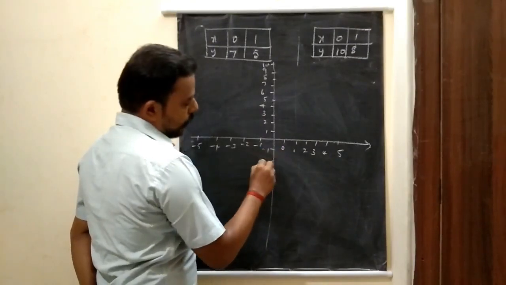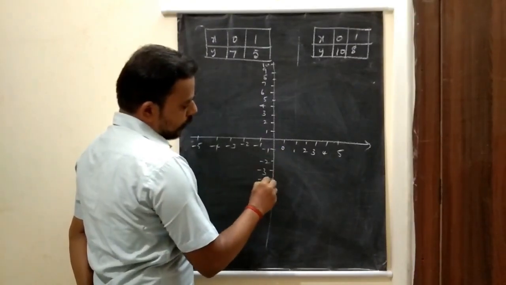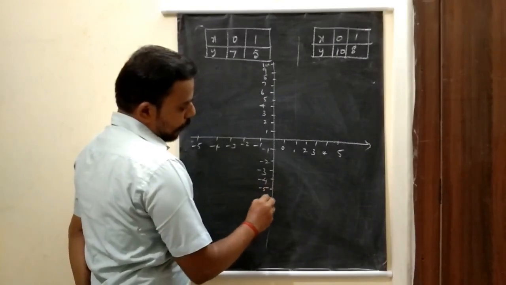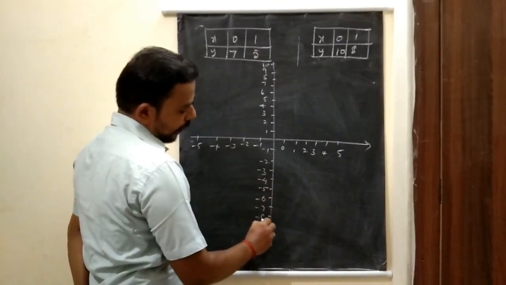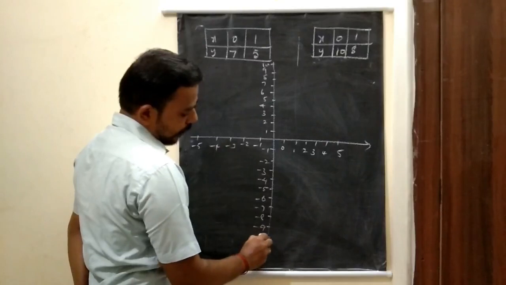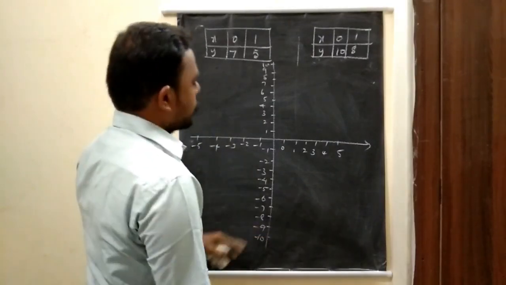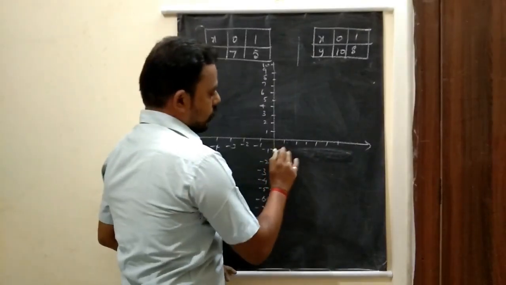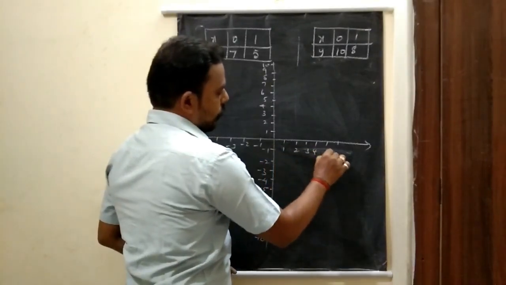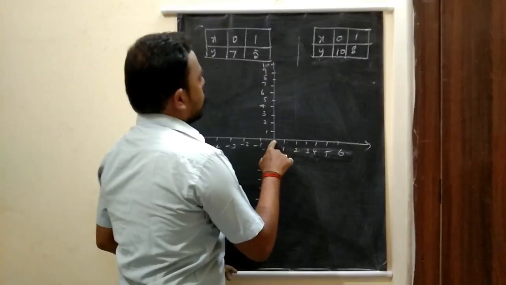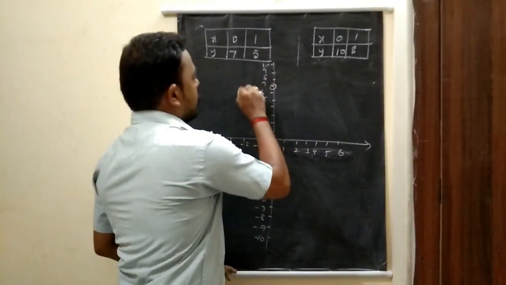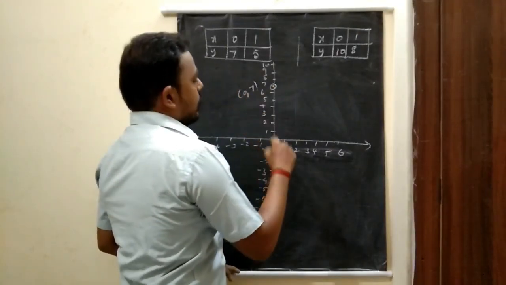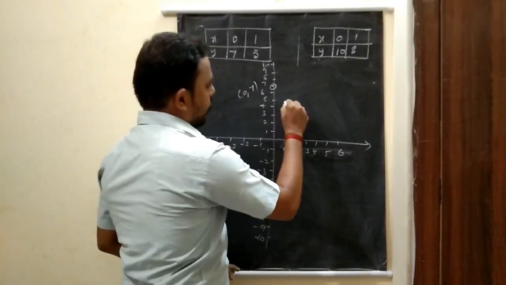Here minus 1, minus 2, minus 3, minus 4, minus 5, minus 6, minus 7, minus 8, minus 9, minus 10. For the first one, x value 0, y value 7. So 0, comma 7. Next x value 1, y value 5.